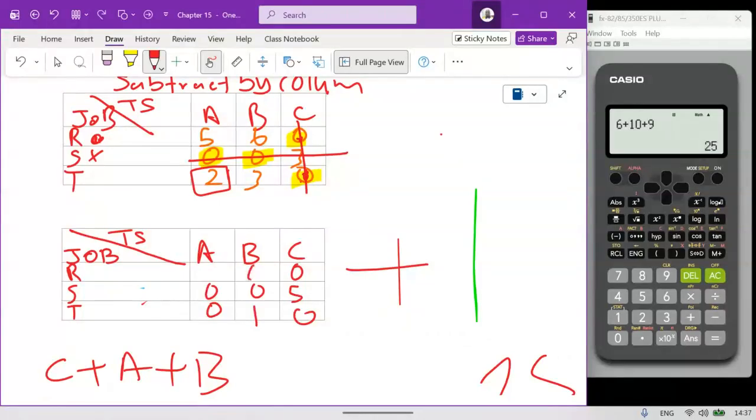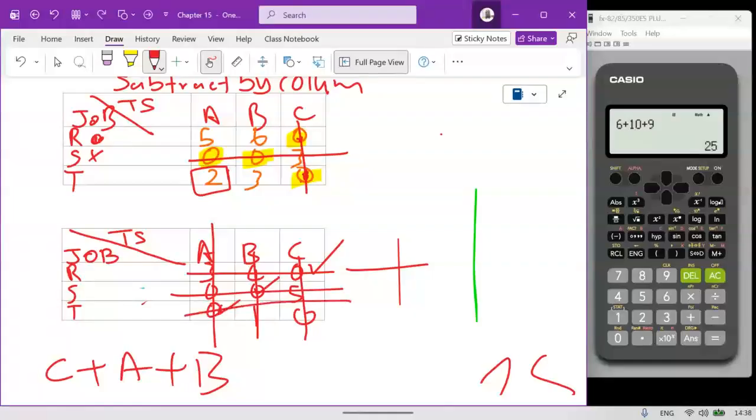Then 2 minus 6, we have a 4 here. 2 minus that, we have a 3 there. Then we do the same thing. We assign R goes to C. And then S goes to B. And then T goes to A.